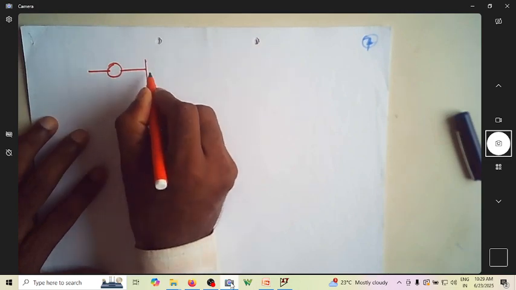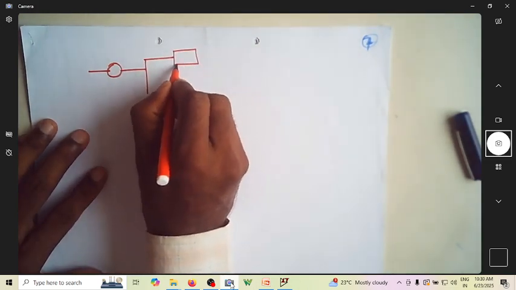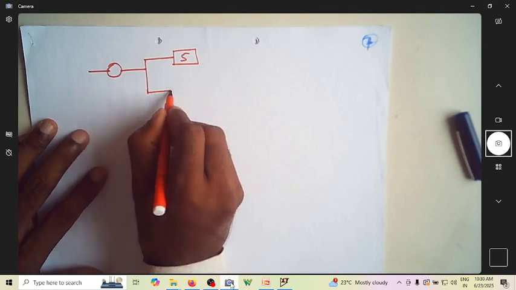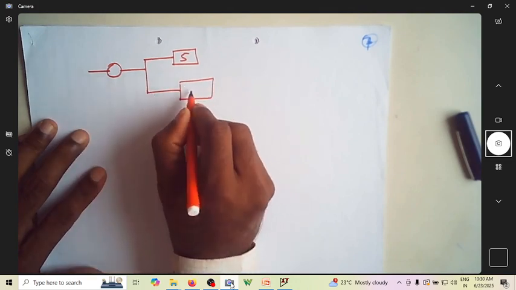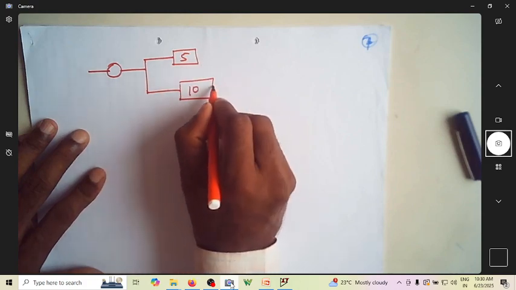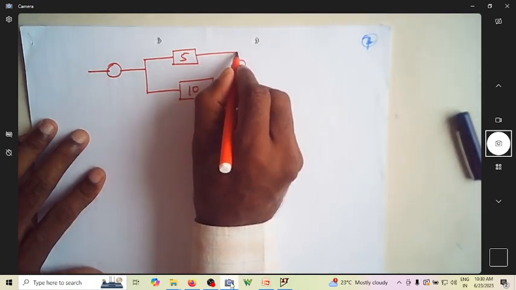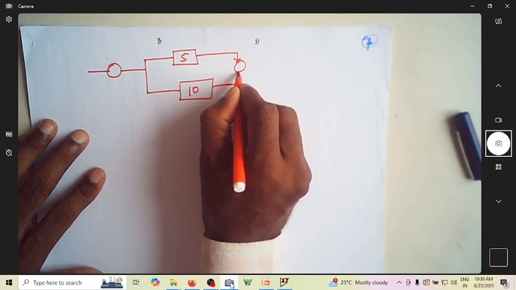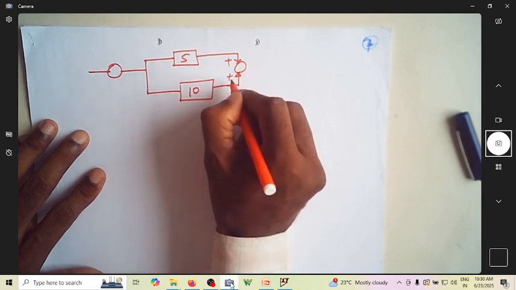So now let me consider a system like this. You have a system with gain 5, and some gain, assume this is 10, and these two are going to a summing point with plus and plus.